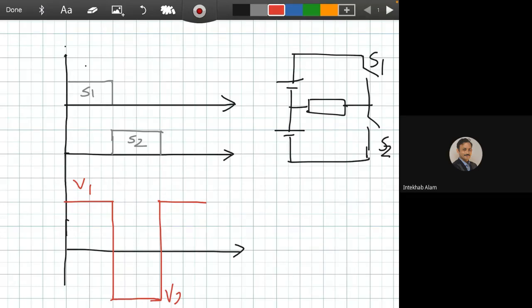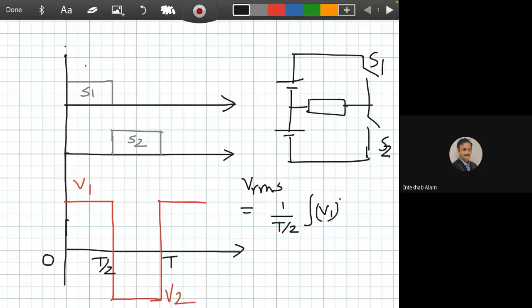Yes, sir. So what will be the RMS output? If we want to calculate the RMS value, VRMS will be the root of 1 by T times the integration of V1 squared dt from 0 to T by 2, where the period runs from 0 to T by 2 to T. Since V1 and V2 are the same, and V1 is a constant, not a function of time, we can take it out of the integration.